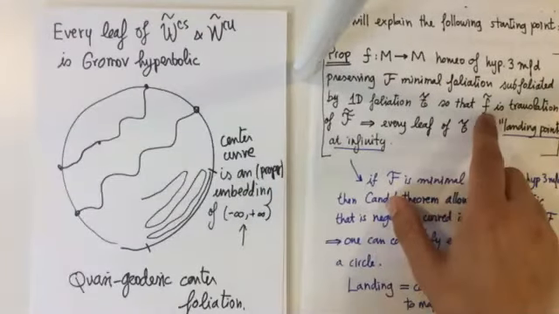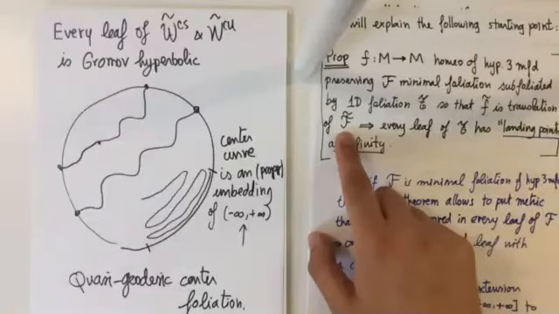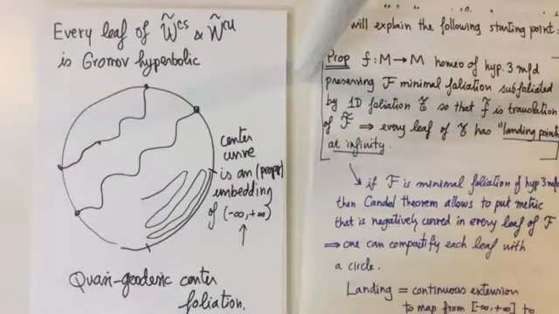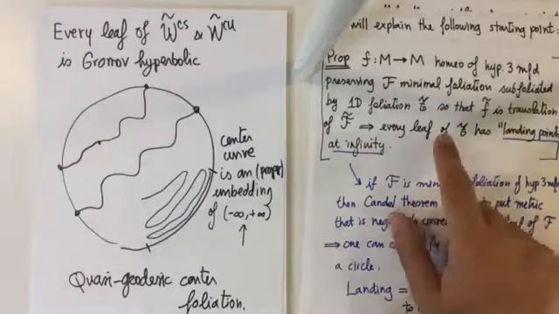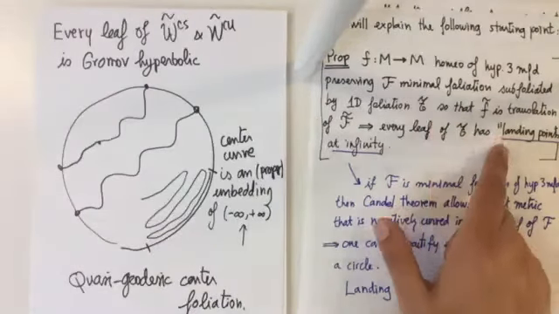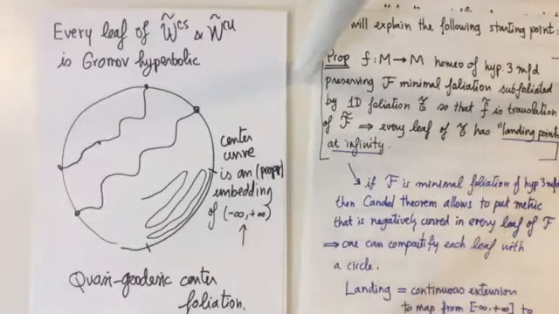And I will assume that F tilde is a translation in the leaf space of the foliation, which is the case, as I tried to explain, we are interested in. And what I want to try to convince you of is that every leaf of this foliation has to have a landing point at infinity.